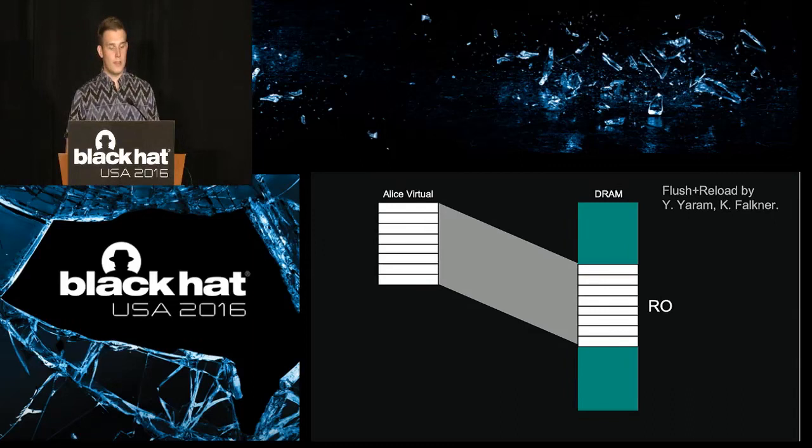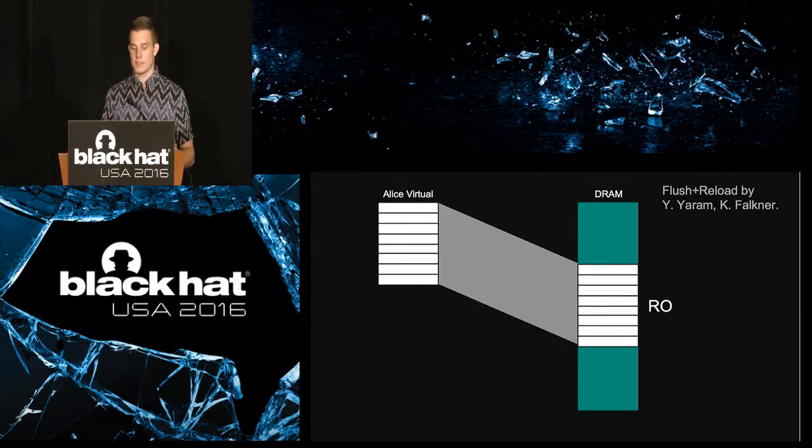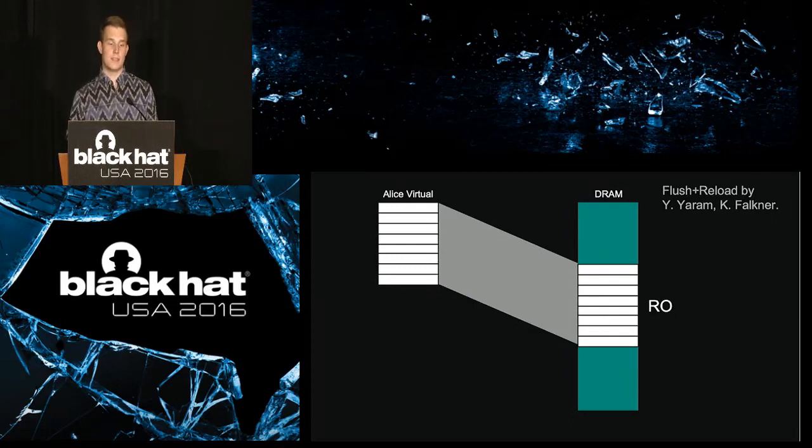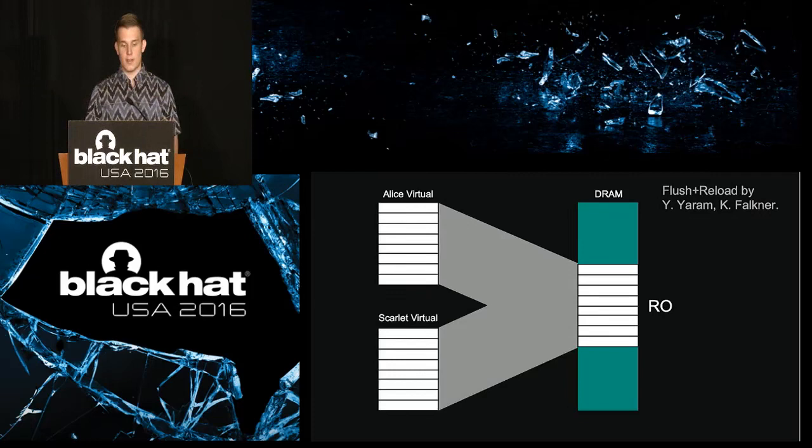When Alice runs a program, the operating system loads the binary into physical memory, sets up a process, and then uses the page tables to map some of that virtual address space into the physical memory. Now, when Scarlet comes along and runs the exact same program, the operating system could load a second copy into physical memory, but that would be wasteful because the program's not changing.